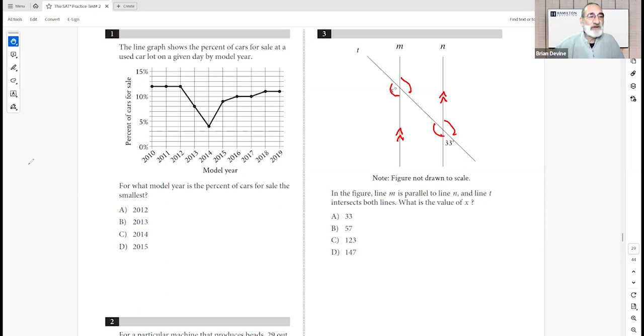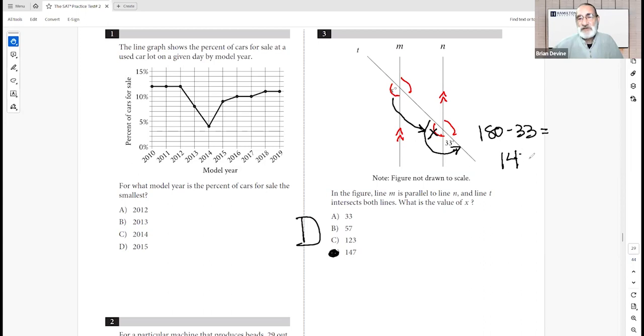And so if we're looking for the measure of x, well, x would be the same as this angle here. It corresponds to that angle. And these two angles add to 180. So if I take 33 away from 180, I get the measure of x, which is 147 degrees. So 180 minus 33, you might need a calculator, but if you don't, you're still going to come up with the right answer.